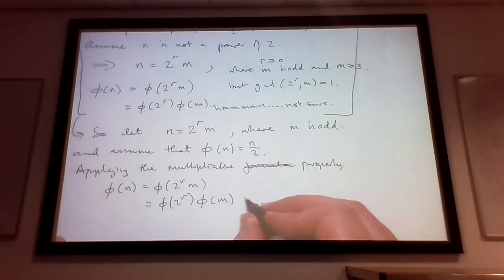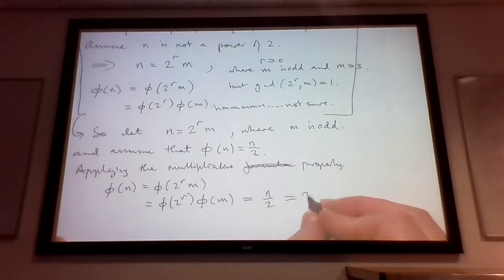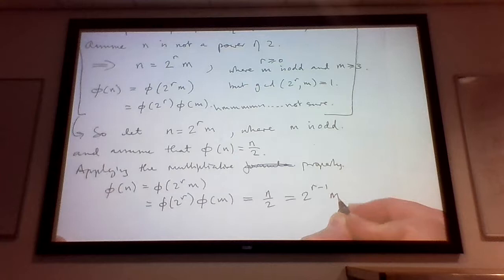But if I'm assuming that this is n over 2, see, n I'm representing like this, n over 2 is 2 to the r minus 1 times m.